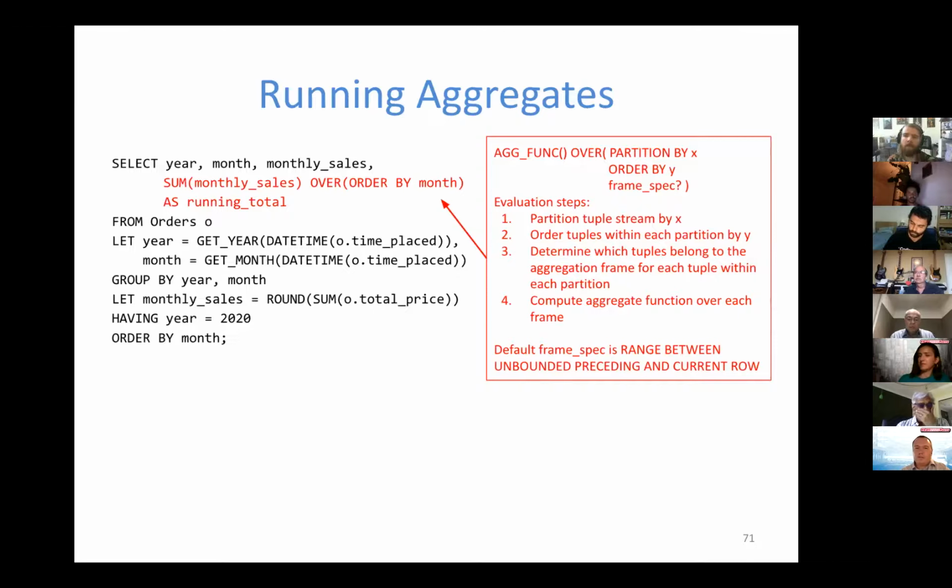After this, the query processor moves on to evaluate the second row in that partition. The frame is recomputed for the second row, and the aggregate function is reevaluated on that frame, producing the second result value. Then the evaluation moves on to the third row and so on until the whole partition is processed. The frame specification syntax is quite elaborate and gives plenty of room for query optimization opportunities.